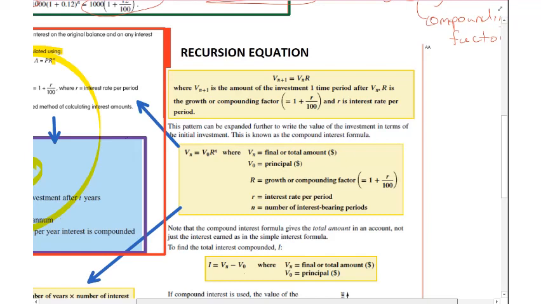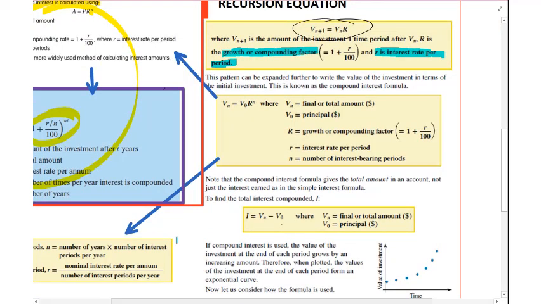As a starting point, with your recursion equation, this is what you've got: Vn plus 1 equals Vn times R, where Vn plus 1 is the amount of the investment one time period later, and R, the growth or compounding factor, which we talked about in the previous video, is equal to 1 plus r over 100, where r is the interest rate per period. That's going to be quite important, and we'll get into it in more detail down here, but not just yet.